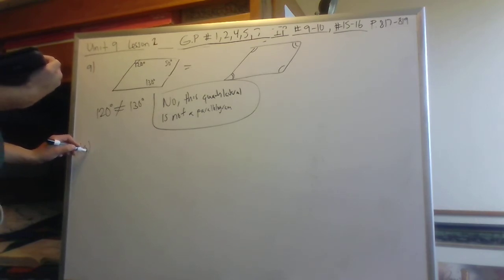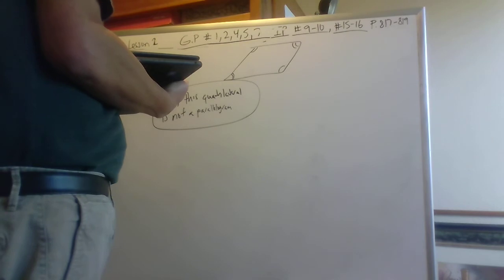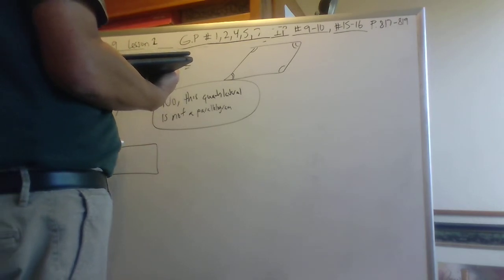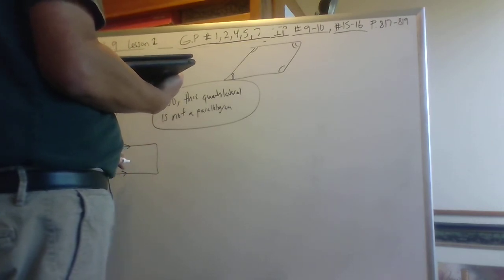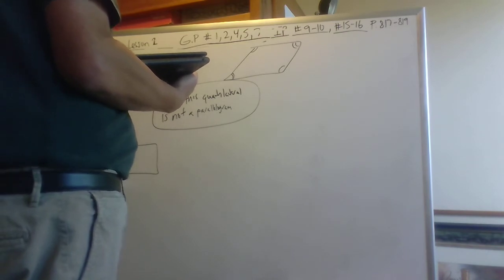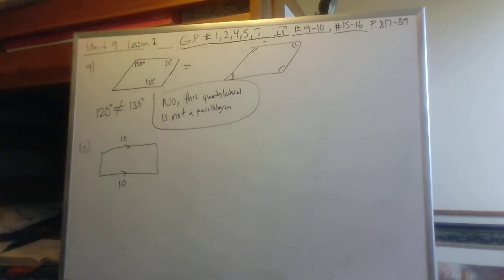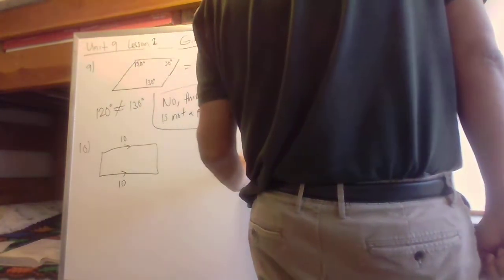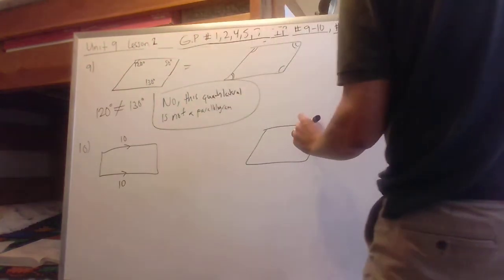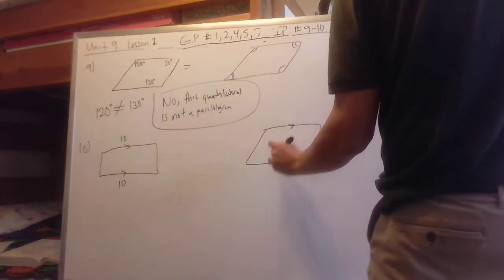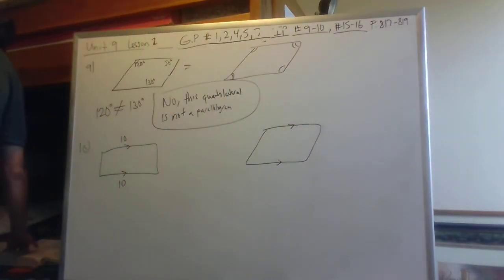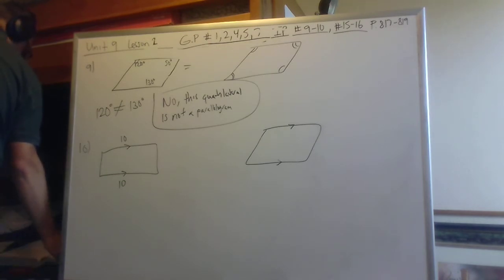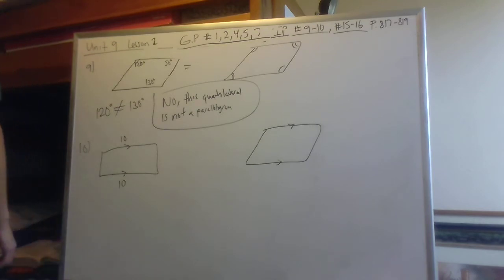So number 10, it's the same type of problem. We have a parallelogram, and I will get into the theorem. There's a theorem on page 813 that talks about if the opposite sides of the quadrilateral are parallel and congruent, then the quadrilateral is a parallelogram.